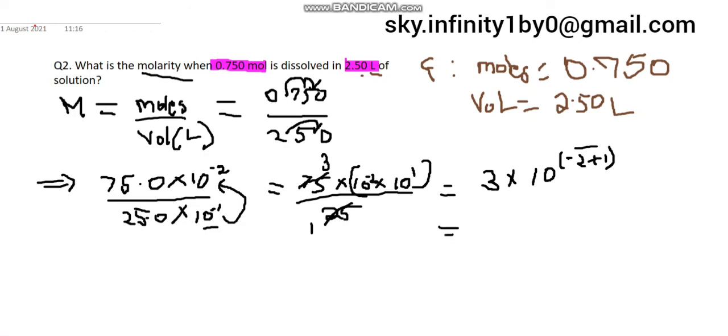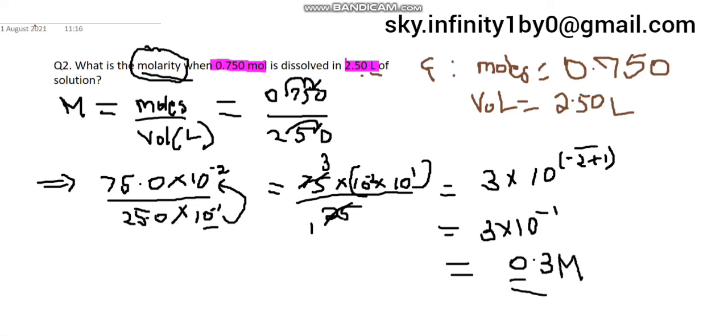And the final answer which we get is 3 into 10 raised to minus 1, which is equal to 0.3. And the unit for molarity we need to always keep in mind is M, molar. So the answer to this second question is 0.3 molar.